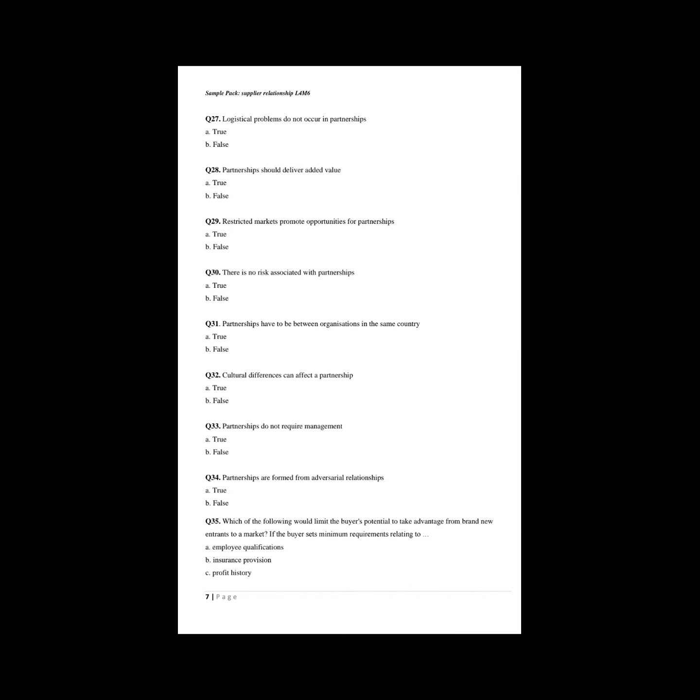Because it's a small business, you may say that they are not financially stable, so you won't even buy from them. If you set minimum requirements relating to their profit history, you may not take advantage.